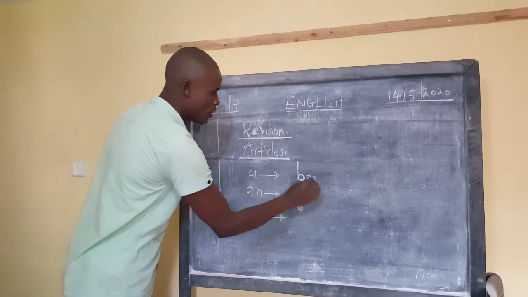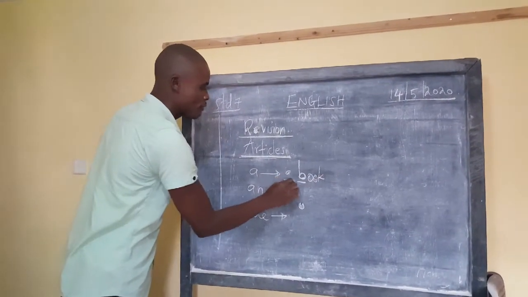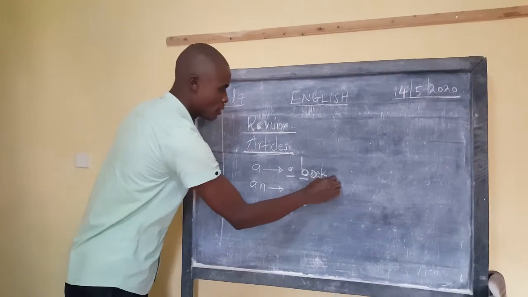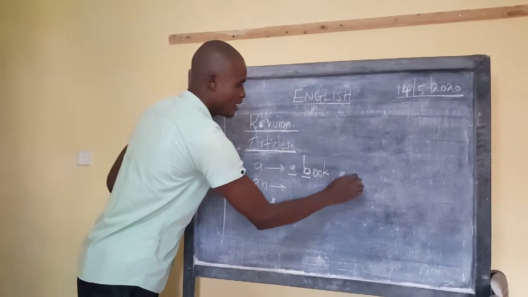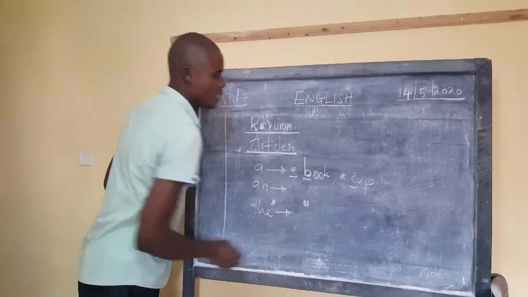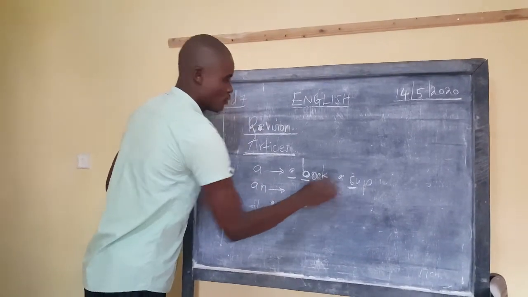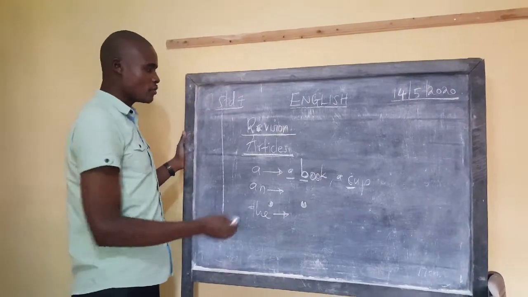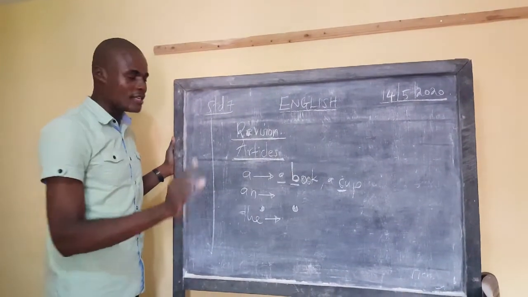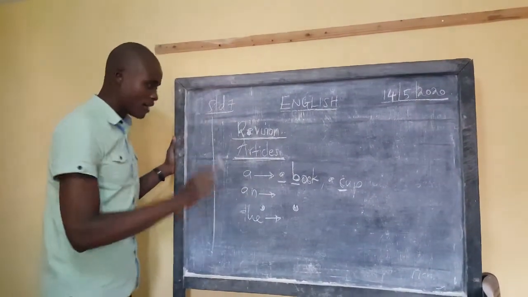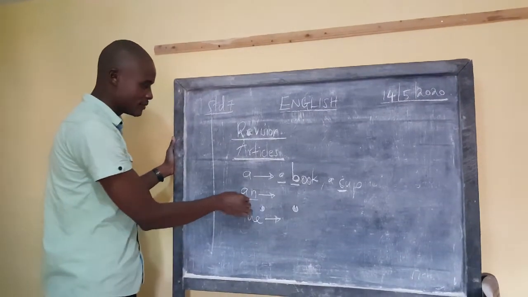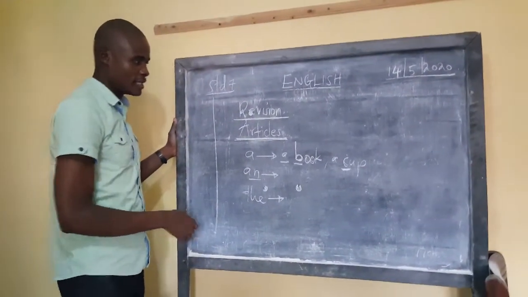So the word book, for example, will take "a" before it. Talk of a book. Cup. C is a consonant sound as well. So all consonant sounds will take "a" before them. This is just revision of something that you know. But I want to emphasize something under "an". So that is where we are coming at.